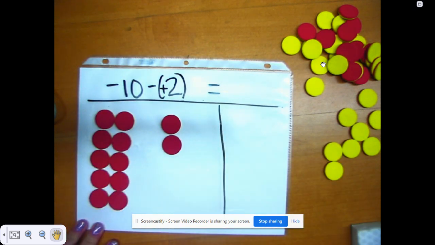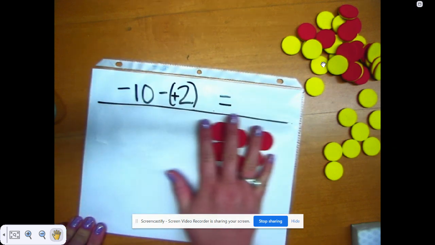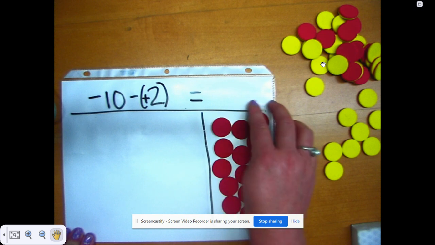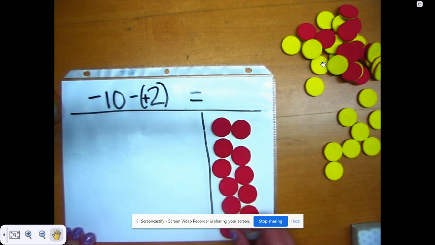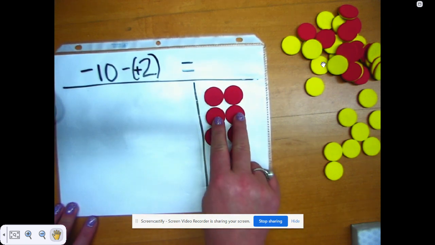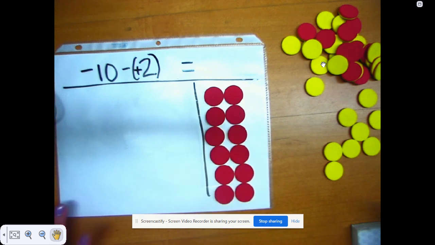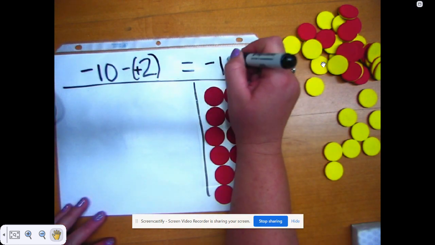Now all of my counters are the same color, and I can combine them, and they can cross that equal sign. So I'm just going to move these down here so I can count them easier. I have 2, 4, 6, 8, 10, 12, and my counters are red, so I have negative 12 as my answer.